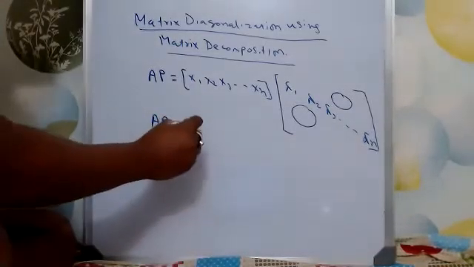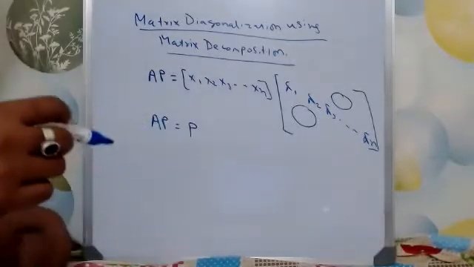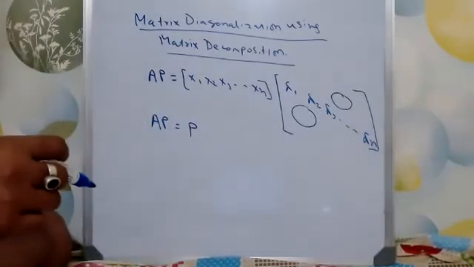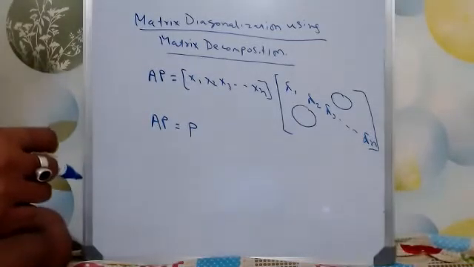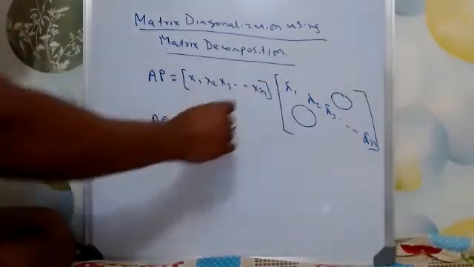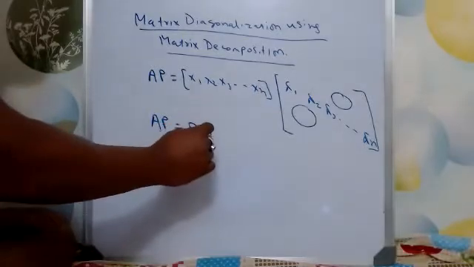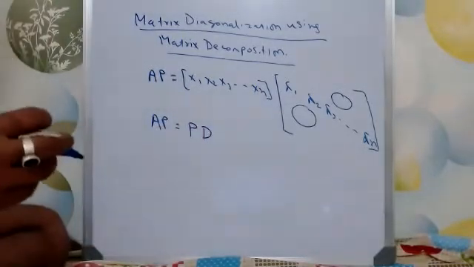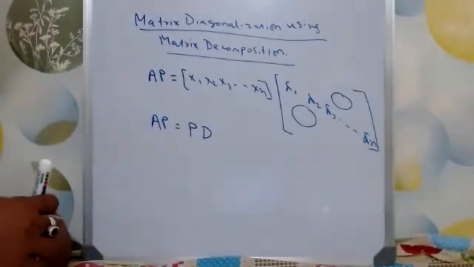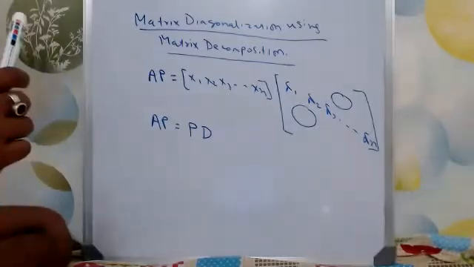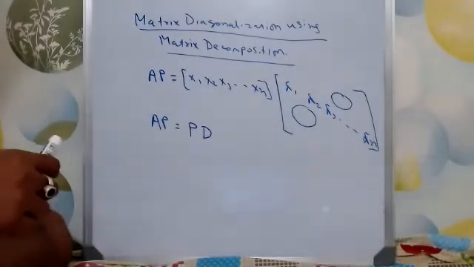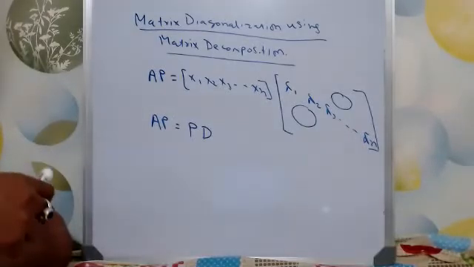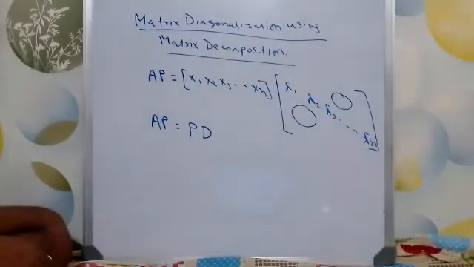In the starting point we said stacking all the eigenvectors of a matrix horizontally gives another matrix called P. And let's call this matrix D, D for diagonal. So this is a diagonal matrix where everything else is 0 except the diagonal elements, and the diagonal elements are the eigenvalues of the matrix A.